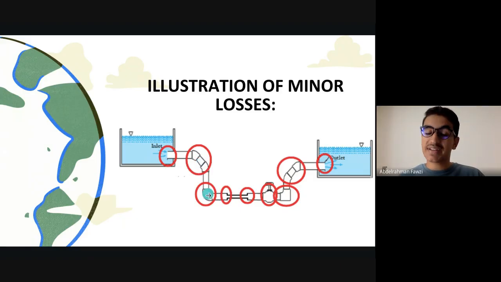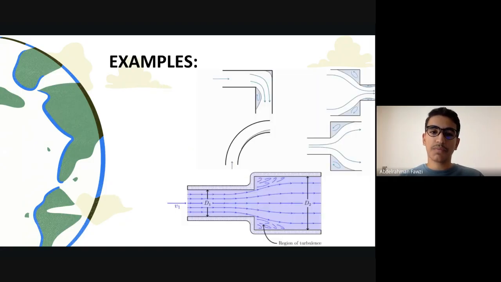We have an elbow here. We still have minor loss. We have a contraction here. Again, minor loss. We have an expansion. We have a valve. We have another expansion here. So this is how we determine the minor losses. The more of these components you have, the more friction you're going to deal with, and the more energy loss you're going to have as well.